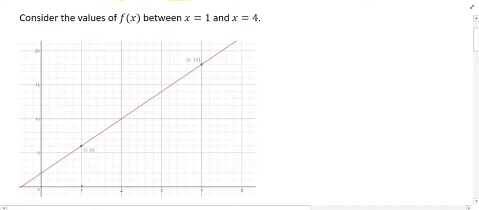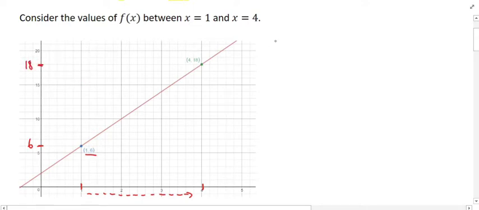So what we can see is that at x = 1, the value of the function is 6. And then the value of the function increases as we move along from 1 to 4. The value of the function is increasing until we get to 18.